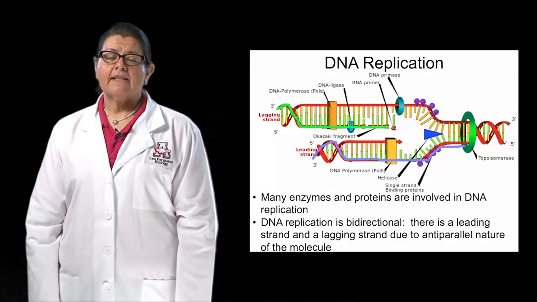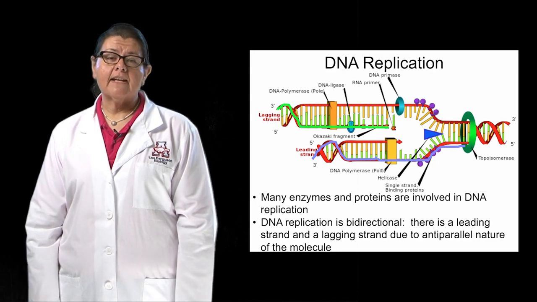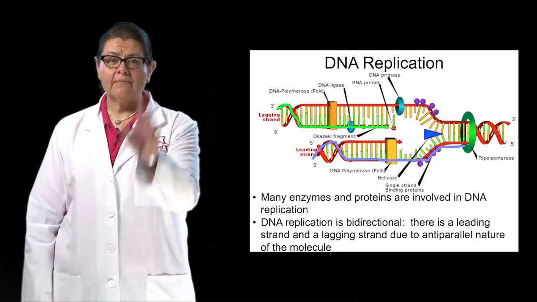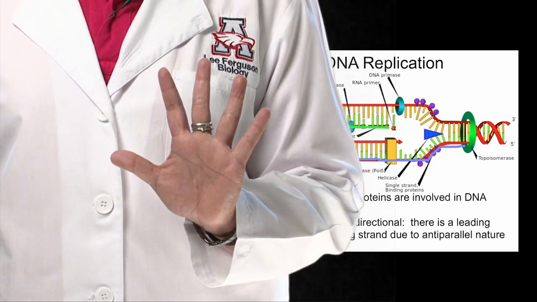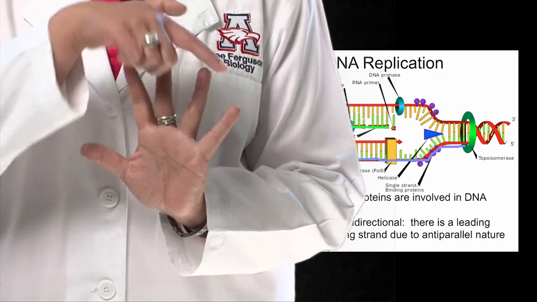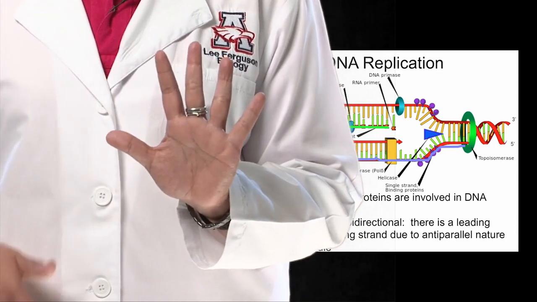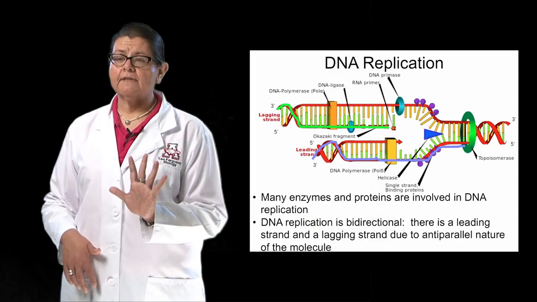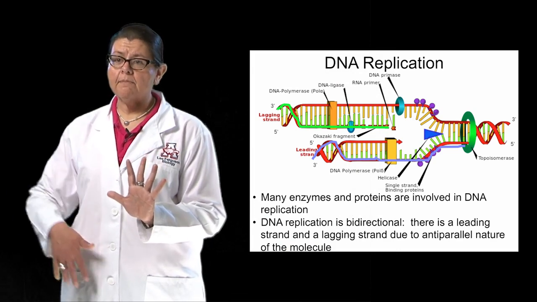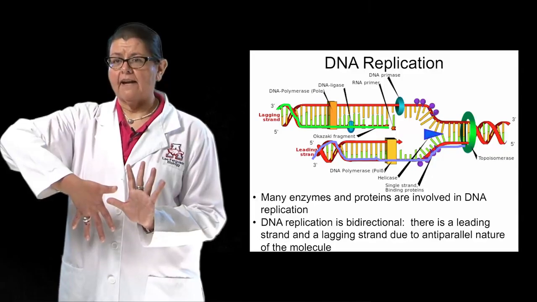One of the most important things you need to understand when learning about nucleic acids is the idea of directionality. Let's use hands as a model. The carbons in a sugar molecule are numbered 1, 2, 3, 4, and 5. This matters because DNA is what we refer to as an anti-parallel molecule, meaning that one side of the molecule runs right side up, while the other side runs upside down.